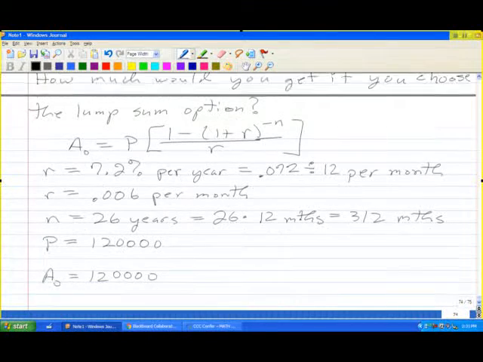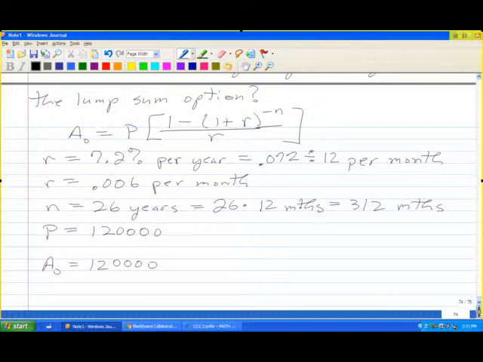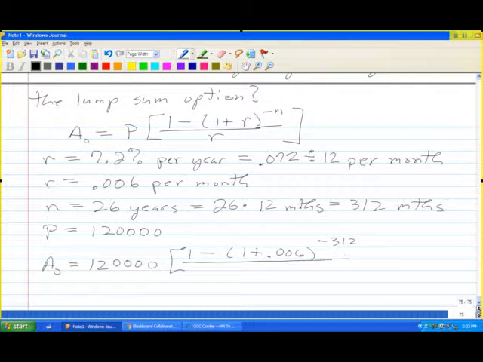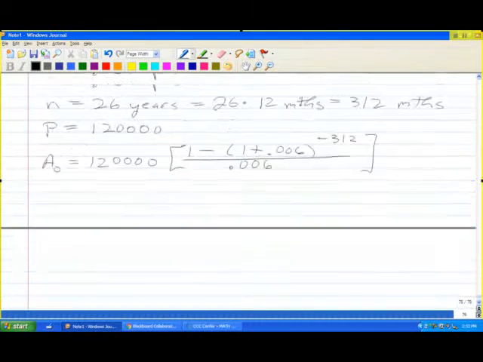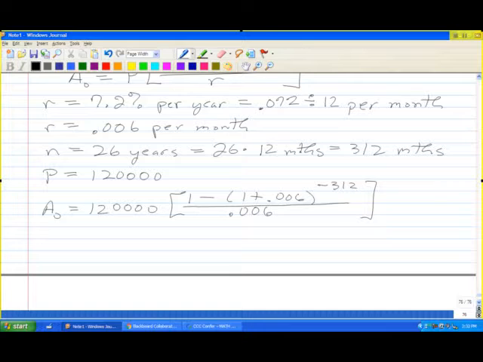Okay, so $120,000 per month. And the interest rate is 0.006 per month. And we're doing this for 312 months. And we're dividing by 0.006. And so that's the amount that you initially need to invest.